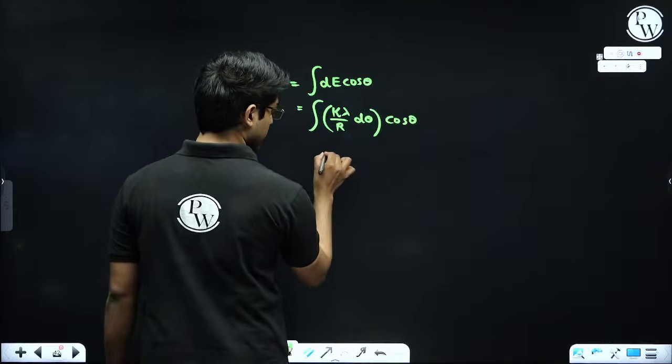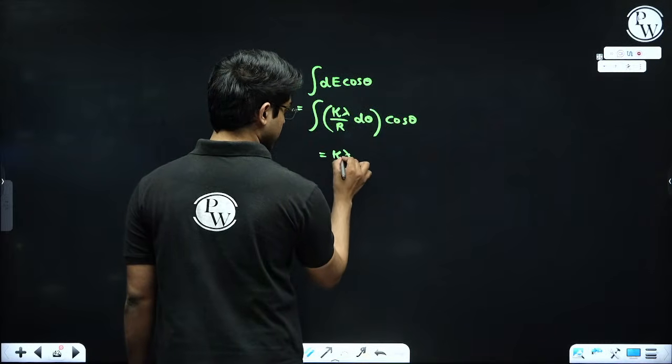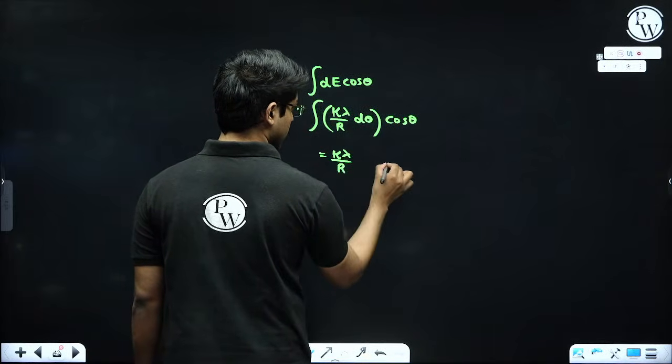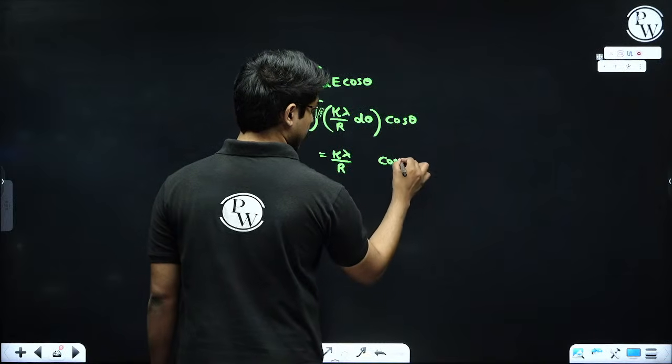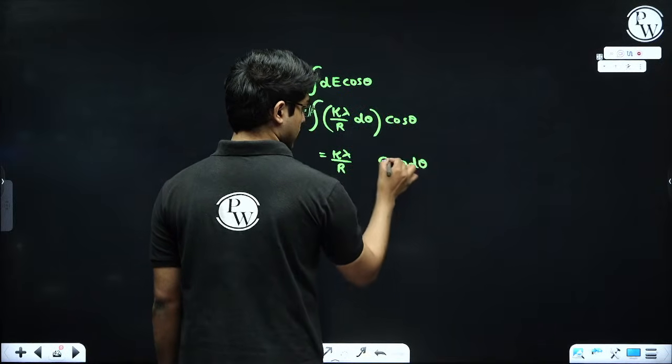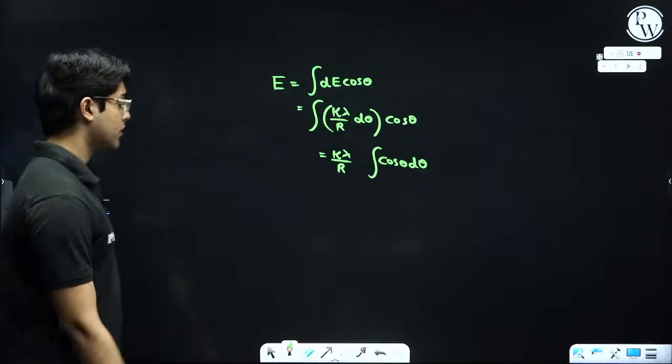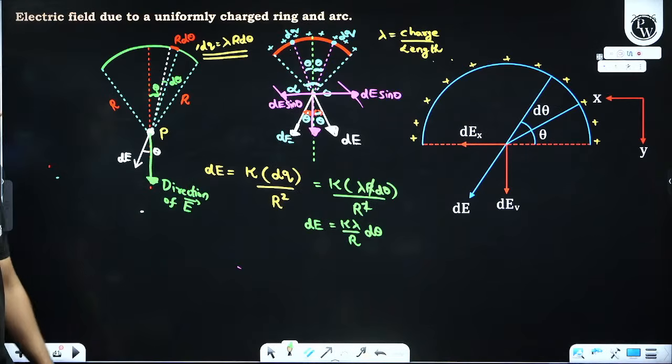So k lambda by r is a constant, so take it outside the integration, and we'll need cos theta d theta integration.